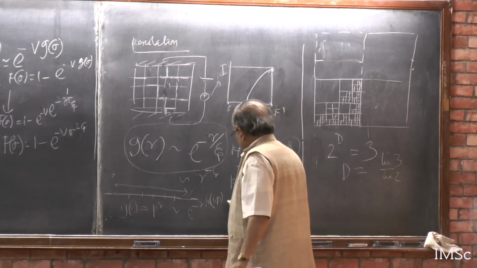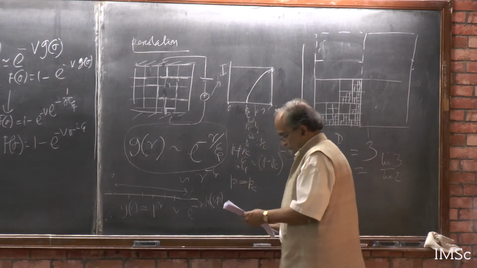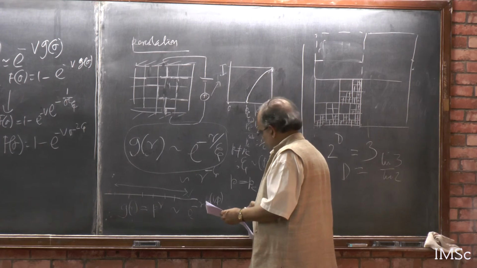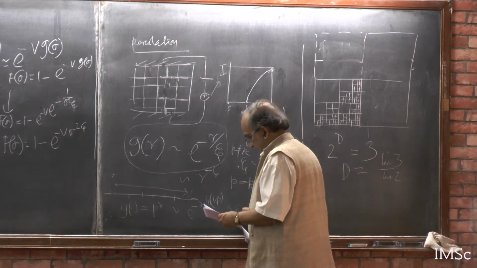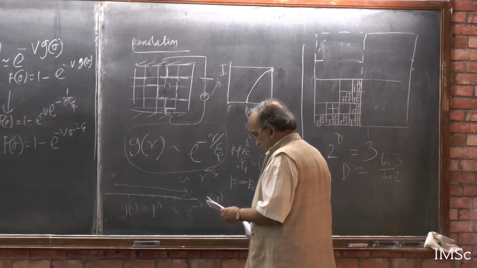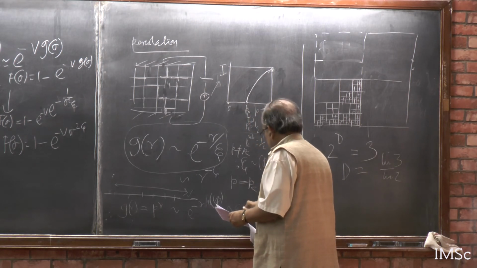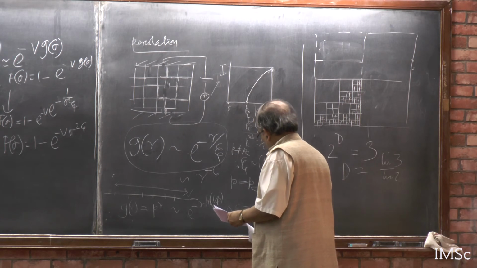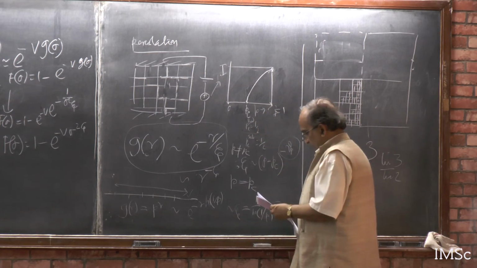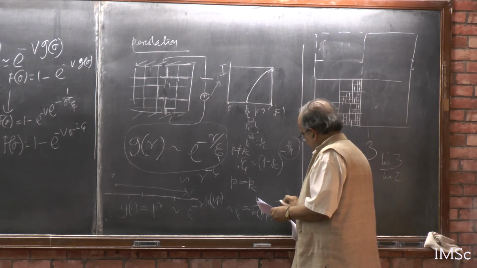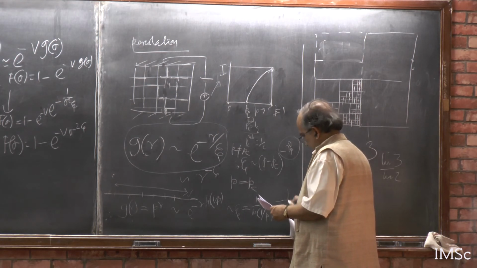Now that is actually this form, but then xi in this case is exactly 1 upon log of 1 by p, which can be written as 1 upon minus log p.